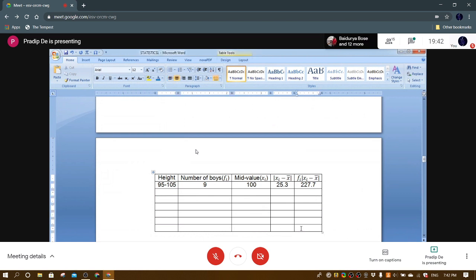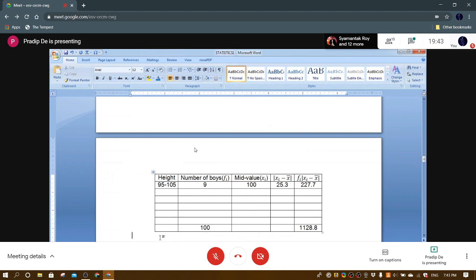Sigma fi times mod xi minus x bar, this total value is 11288. Sorry, sir, that is sigma fi mod xi minus x bar, that is 1128.8. There is a decimal point between.